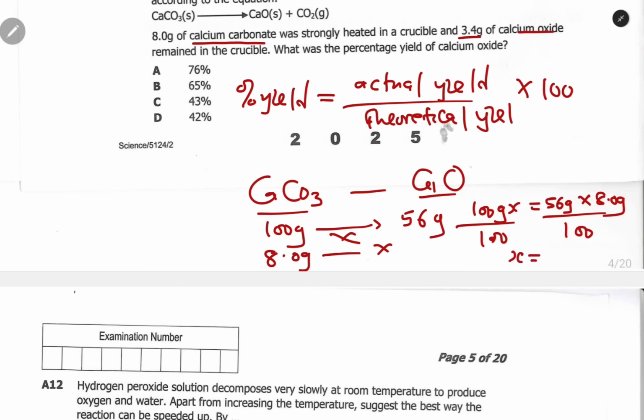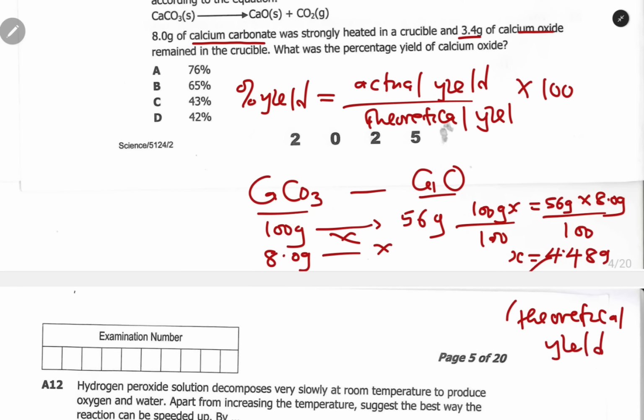So X is going to be 56 times 8, which is 448, divided by 100. This gives us 4.48 gram. This is the theoretical yield, the calculated yield.